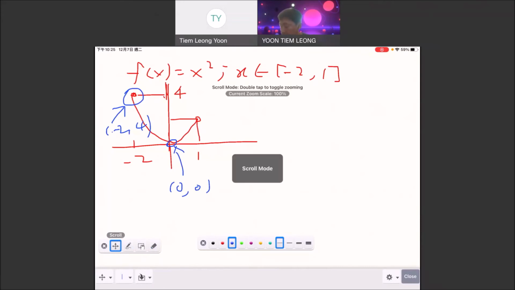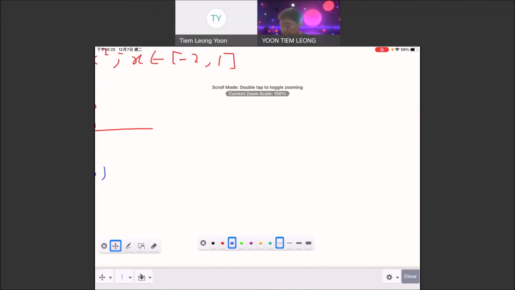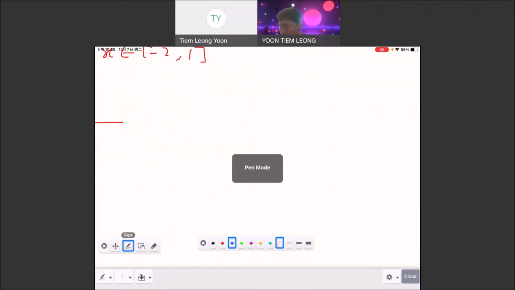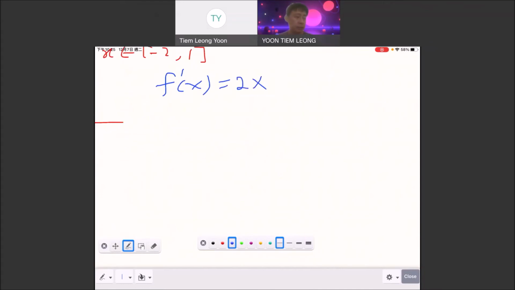So let's try to calculate the maximum. It should be quite straightforward. So you would want to calculate the derivative of the function. If the function is x squared, the derivative of the function is 2x. So once you have calculated the expression for the derivative, next thing you want to do is to calculate the critical point.